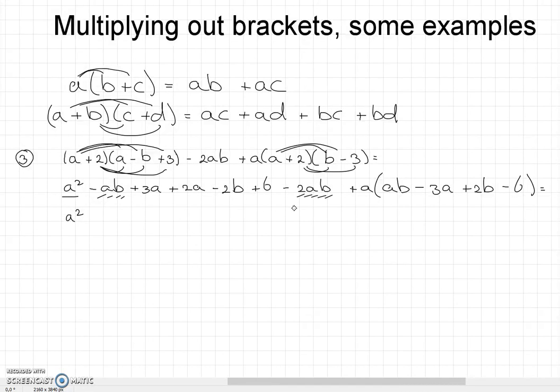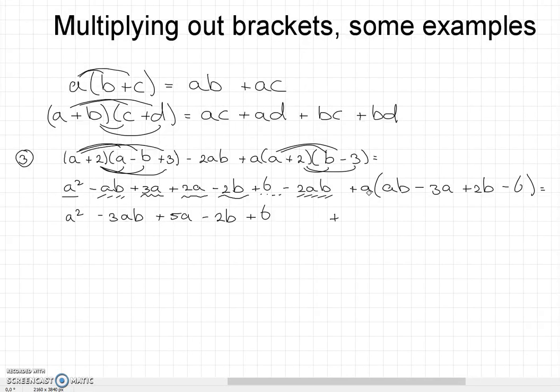Negative 1 times ab minus 2ab gives minus 3ab, 3a plus 2a plus 5a, minus 2b, plus 6, and that term we've already used.